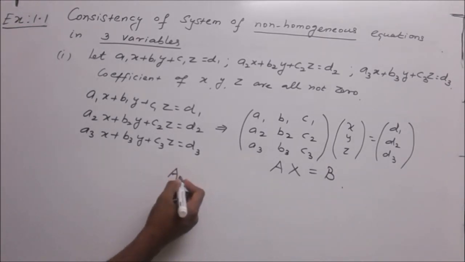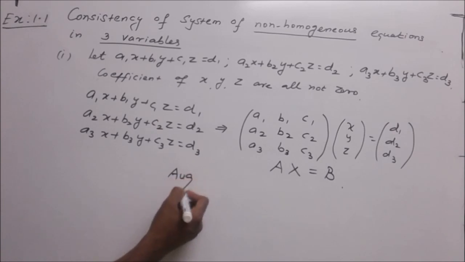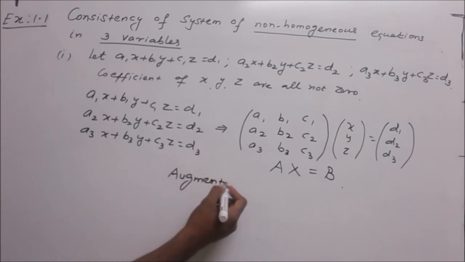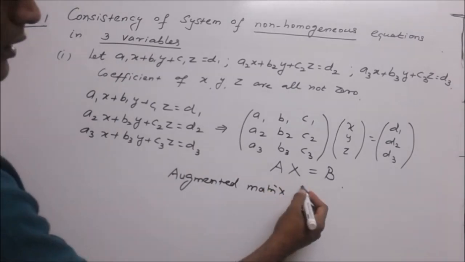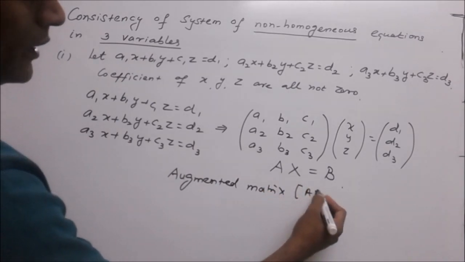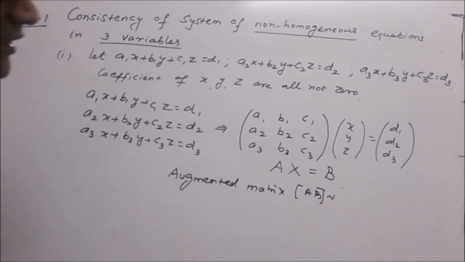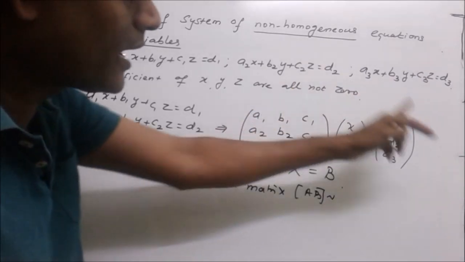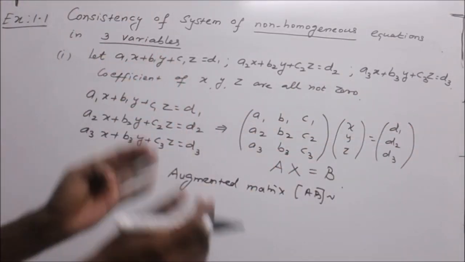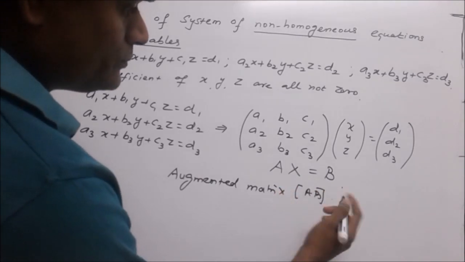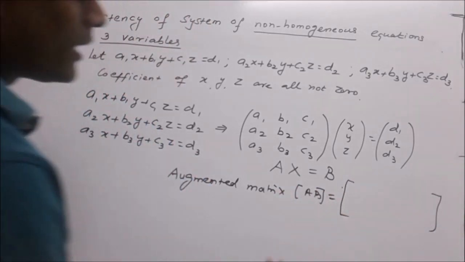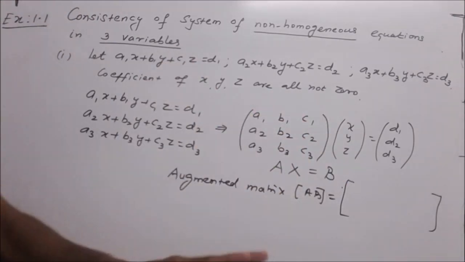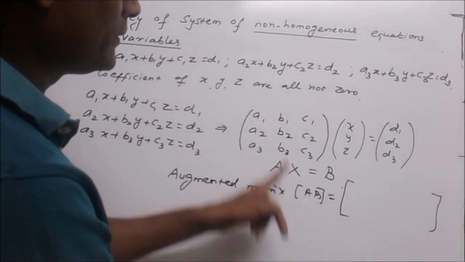augmented matrix. Just joining the matrices A and B is known as the augmented matrix, that is, A B. We combine these two matrices and form a new matrix, which is known as the augmented matrix.